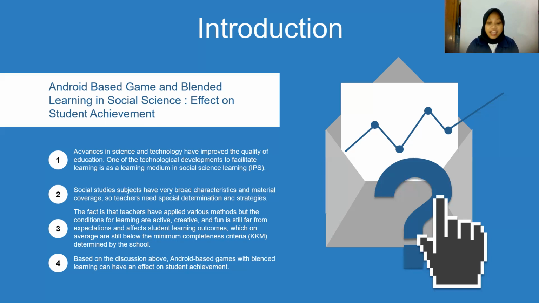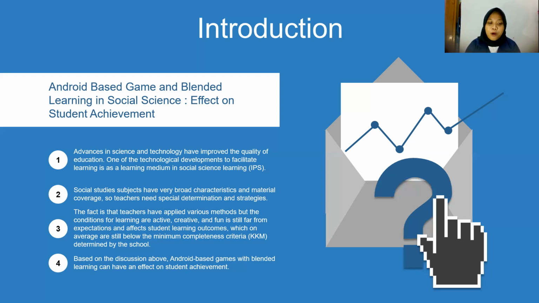And educational game media will be used better when applied with blended learning, because technology directs learning not always through face-to-face learning, but through online learning. However, online and face-to-face learning have their respective advantages and disadvantages. So it is better for the two kinds of learning to be combined, which is called blended learning.